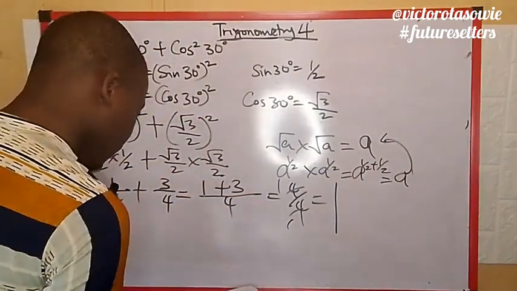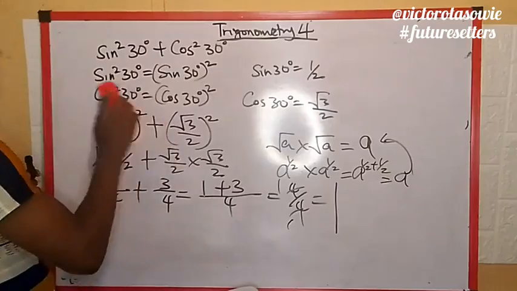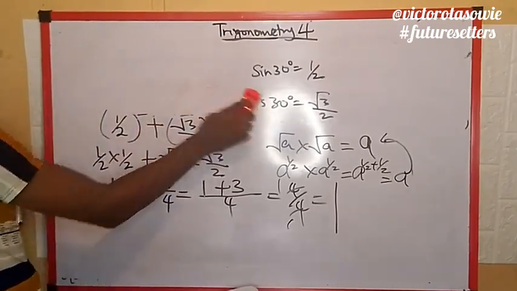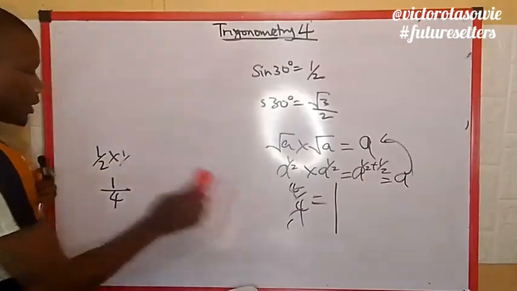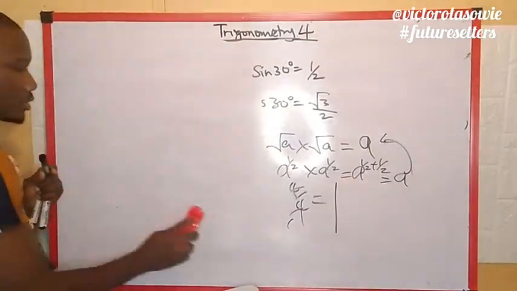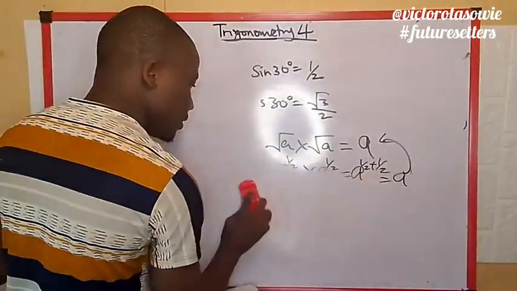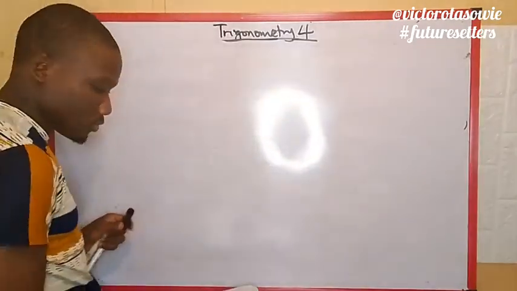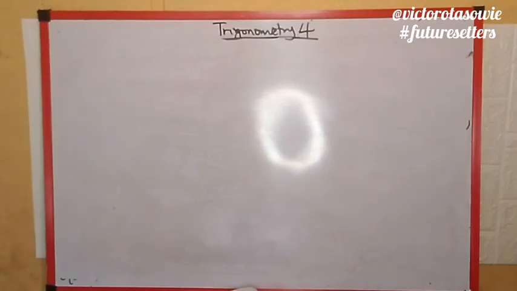Then also we have another question which we are going to solve together. So take a snapshot here. We have another question which we are going to analyze together. So the question is very simple, and we can check it out together and get our answer.